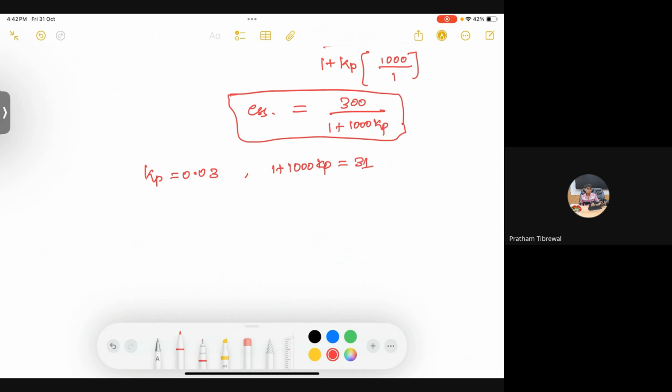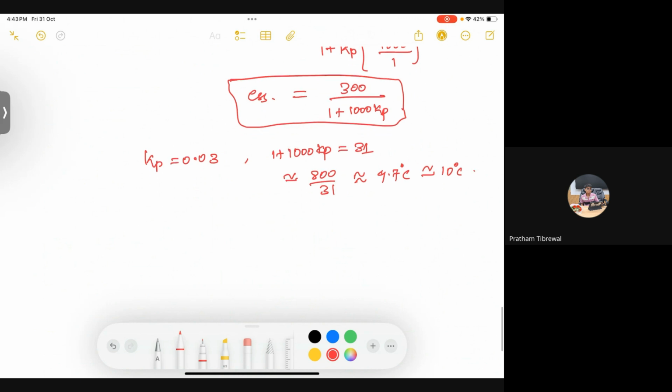This 300 over 31 gives around 9.7 degrees Celsius. I'm rounding it to 10 degrees Celsius, right? This is for the steady state error.